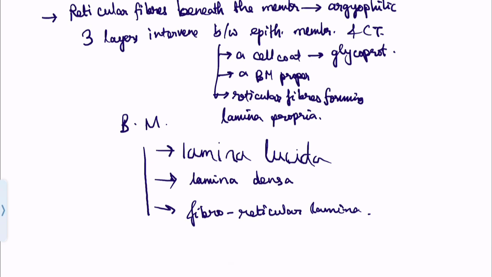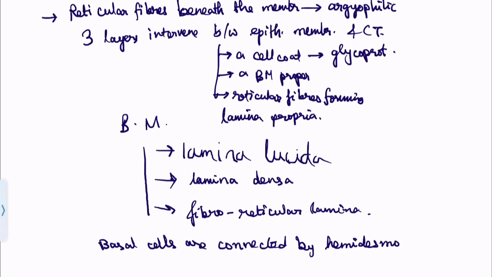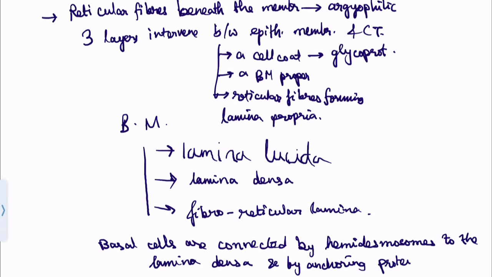Basal cells are connected by hemidesmosomes to the lamina densa, and by anchoring proteins to lamina lucida.